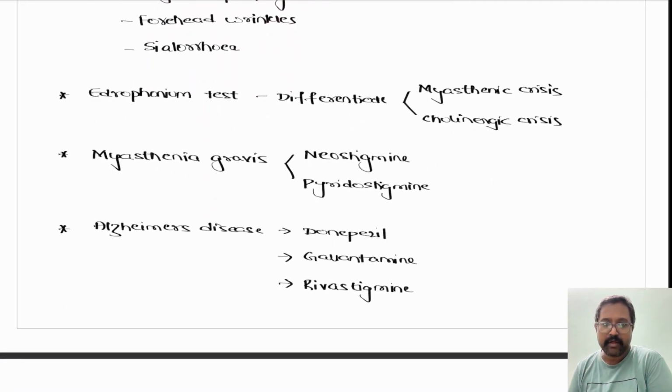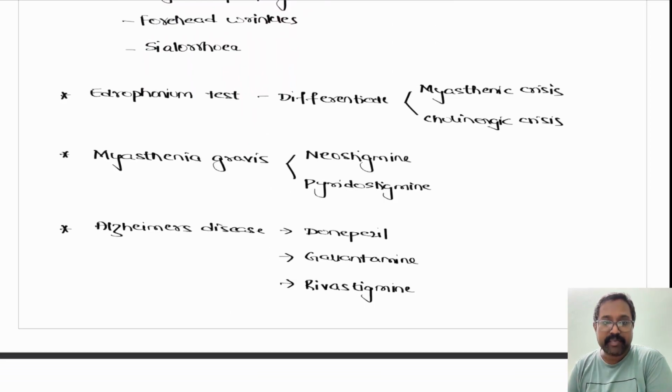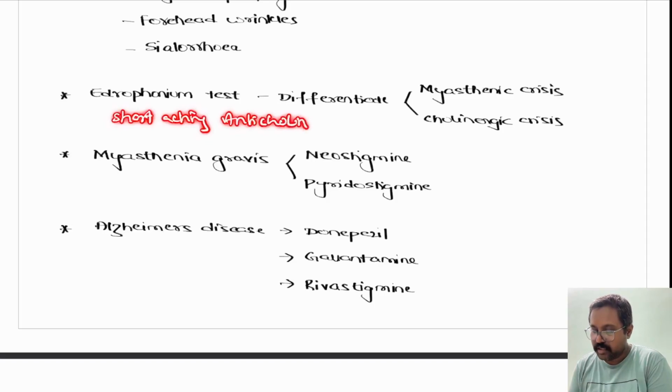So next, coming to the edrophonium test. What is the edrophonium test? The edrophonium test is done to differentiate the cholinergic crisis and the myasthenic crisis. If you give edrophonium, which is a short acting anticholinesterase, what happens?